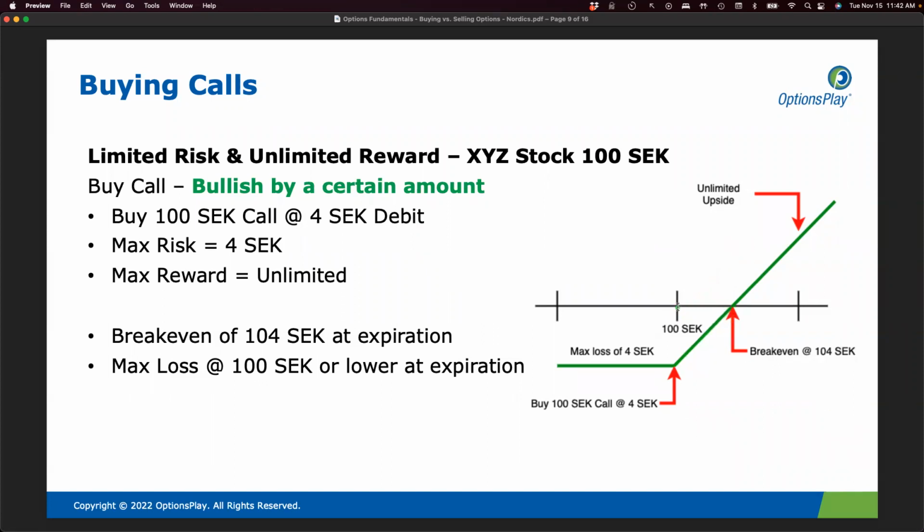So the stock has to move a sizable amount before the expiration just for you to break even, which means that if you get the directional view correct and it moves up by 4 crowns, you don't show any profits. You actually just have a big fat zero because you've only broken even. You didn't make any profits. You have to have the stock move beyond 4 crowns in order for you to be profitable.